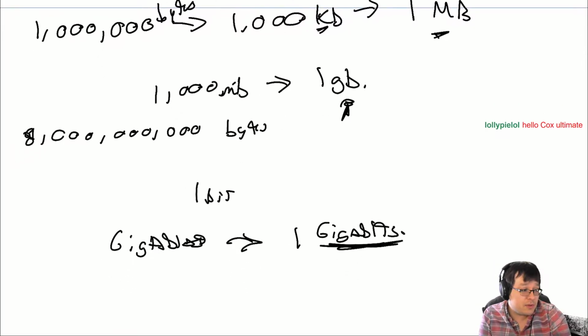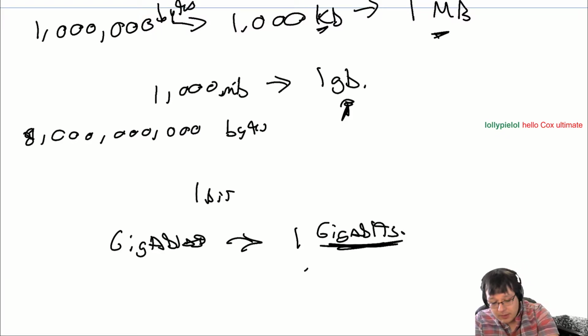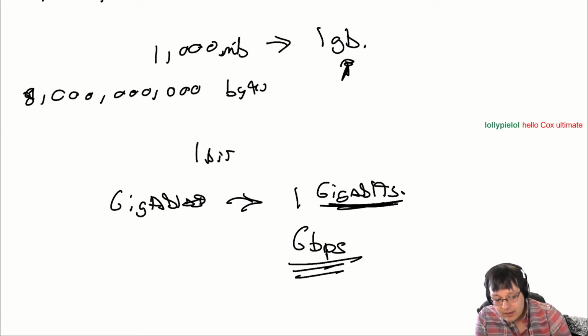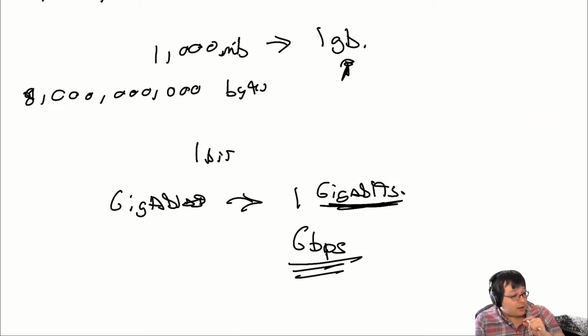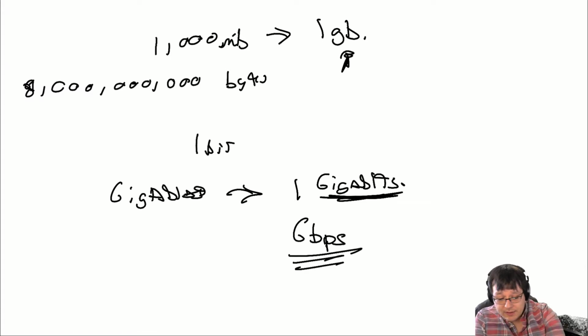So when you hear that, you're like, wow. They're putting it like this, GBPS lowercase, I think. That's bits. And so when you see that, you're like, oh, it must be 1 gigabyte. So if a file is 10 gigabytes, I can download it in 10 seconds. Not really, because these are gigabits.